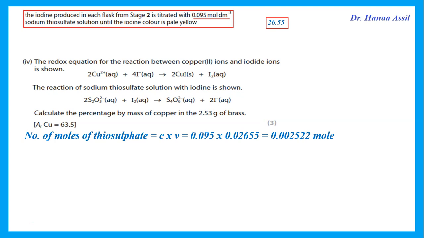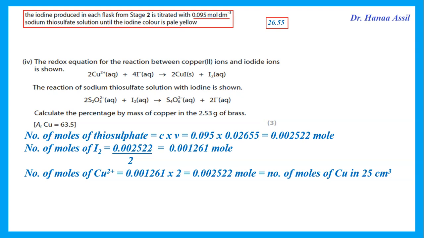Now I look at that second equation where we have thiosulfate with iodine. You'll find that the number of moles of iodine is half that of the thiosulfate. But then if I look at the equation above it, the number of moles of copper 2 plus is twice that of iodine.